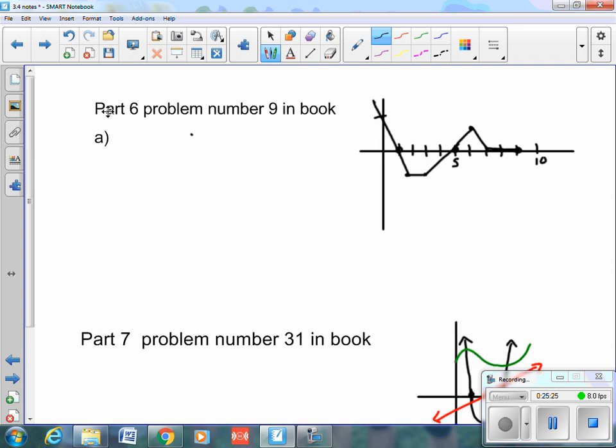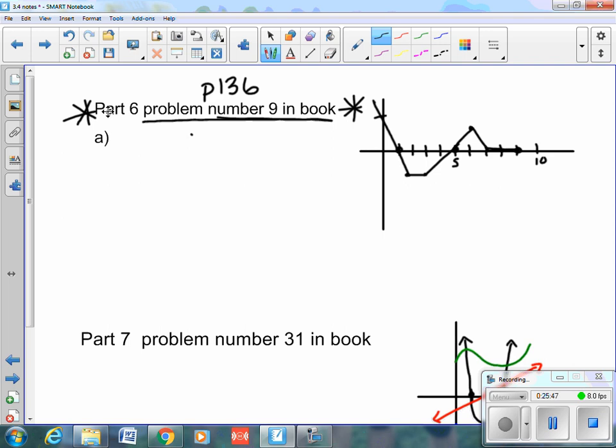Problem number 6, or problem number 9 in your book on page 136. Again, everything's important in AP. This is really important because you need to know how to read a derivative graph. I already drew the picture on there. It's already on here, so I don't think you need to draw.